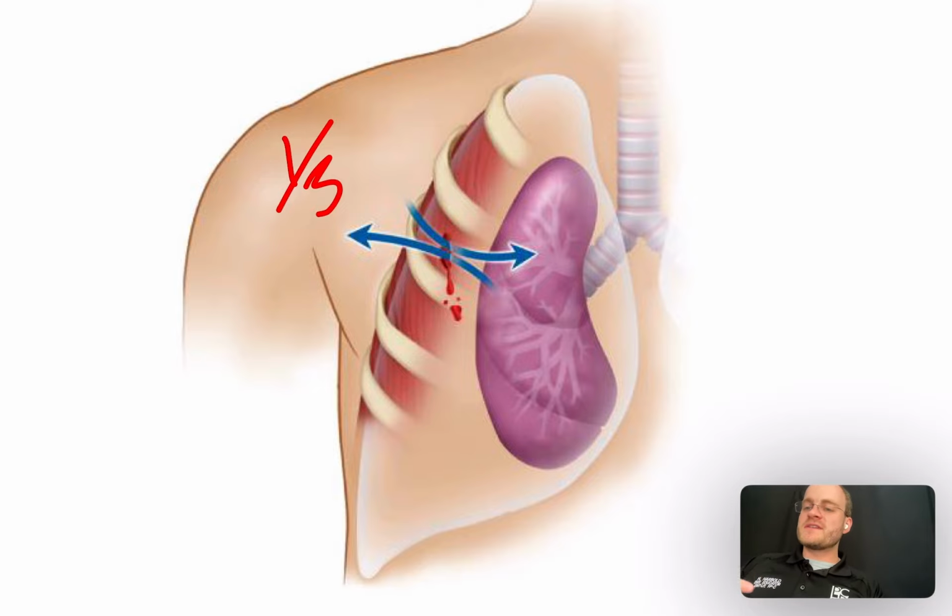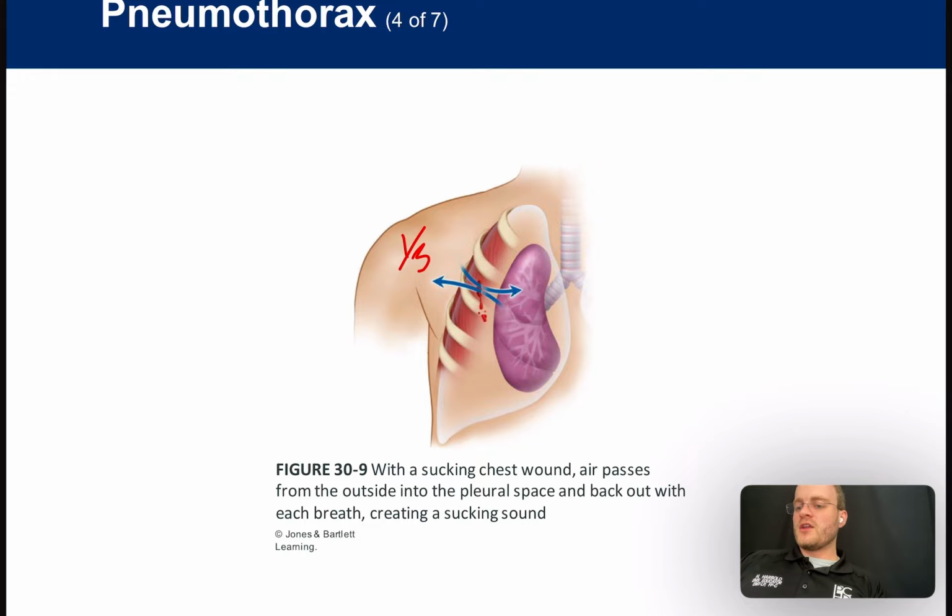And so what happens is air will follow the path of least resistance. And so again, if it's least resistance for air to go in and out of this hole in the chest instead of air in and out of the trachea, that's what it will do. And so every time the patient takes a breath in and it creates that negative pressure, it sucks. So it's like a sucking chest wound. And so when they breathe out, air and blood will bubble out. And they breathe in, it sucks in. And so this is called an open pneumothorax.